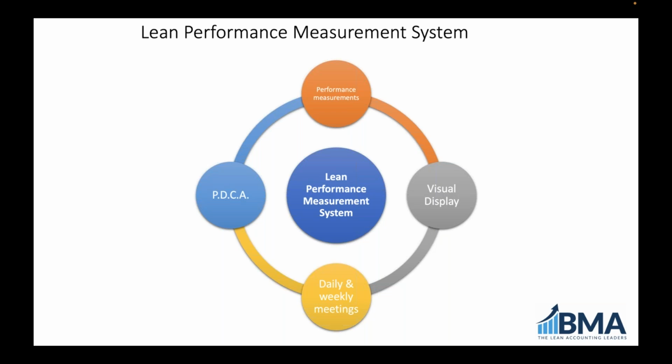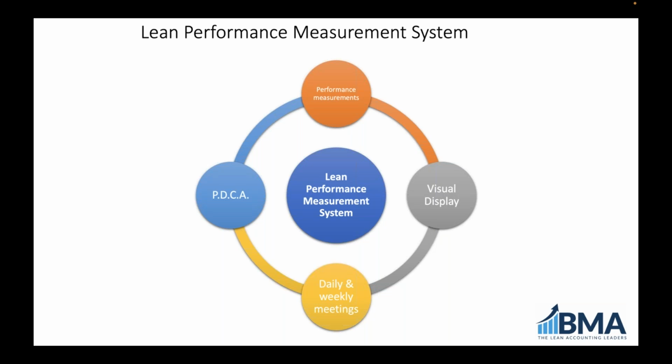And the real purpose of these measurements is the plan, do, check, act process, lean problem solving. You want the measures to reveal problems. You want the measures to let you know if the problems are being solved, meaning the measure moves in the right direction.